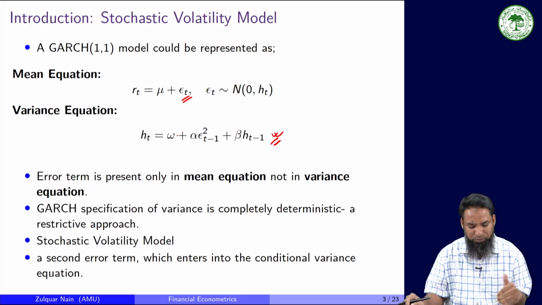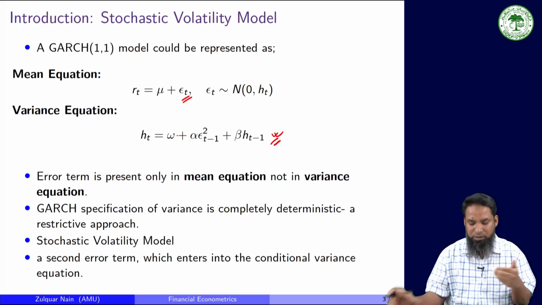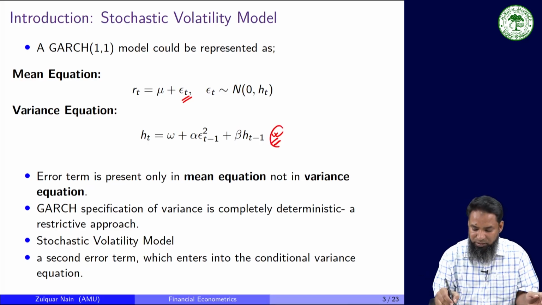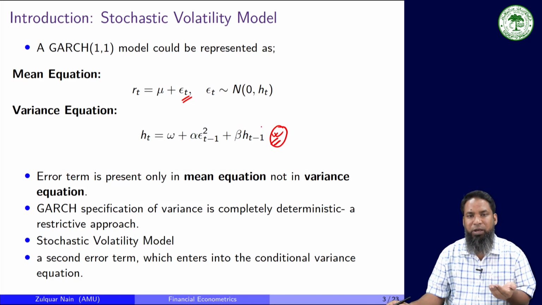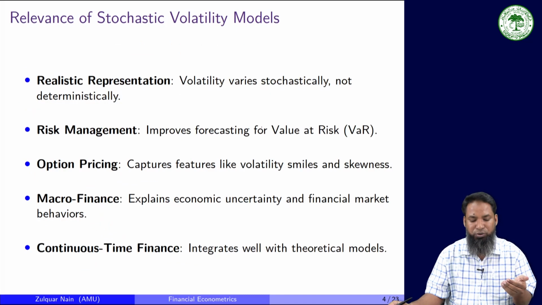So to overcome that, we are moving to another model, what we call the stochastic volatility model, in which basically a second error term enters into the conditional variance. So what are the advantages we will have because of this approach?